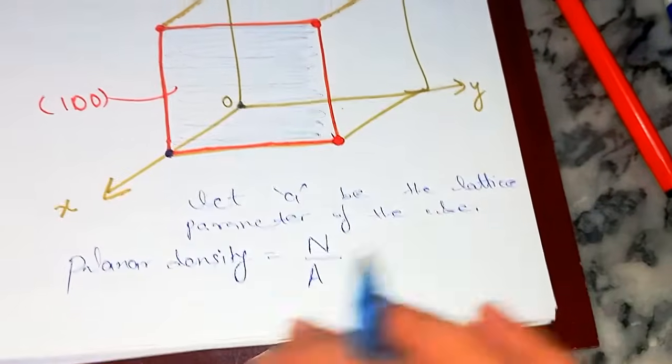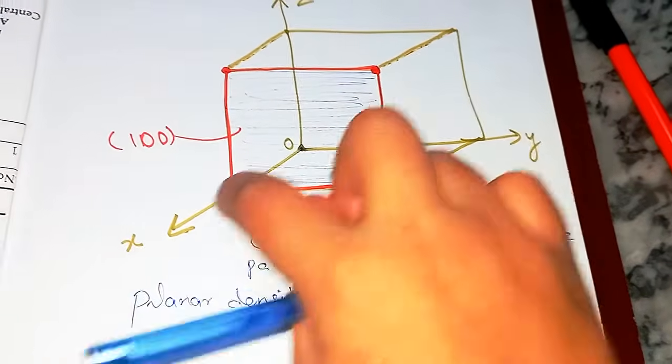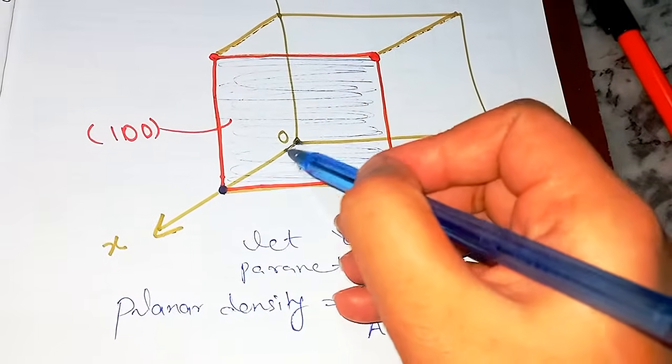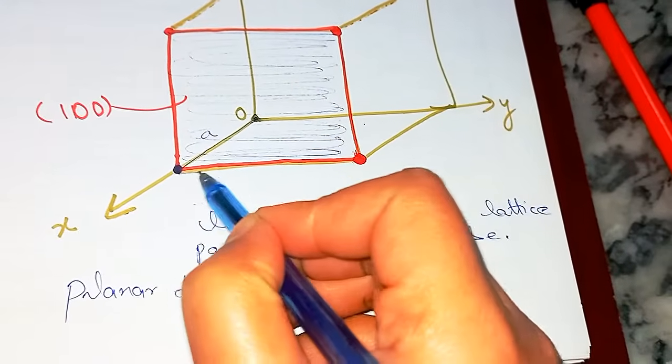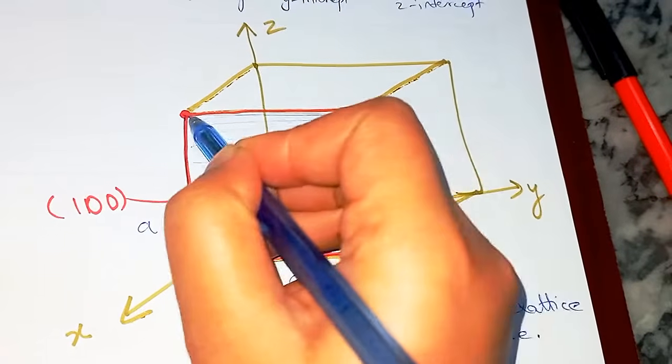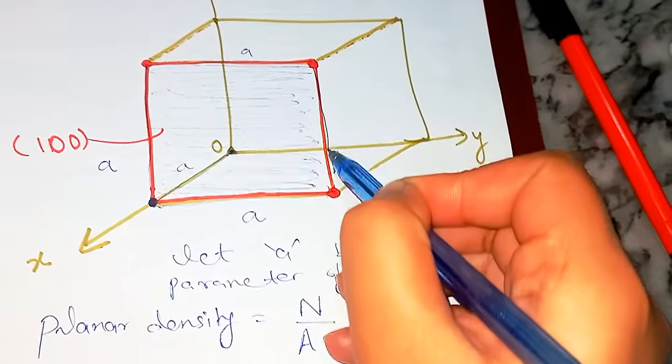And we know that in a cube all these side lengths along the axis directions are A. So we can see that this length is A, this length is also A, this length is A, this length is A, and this length is A as well.